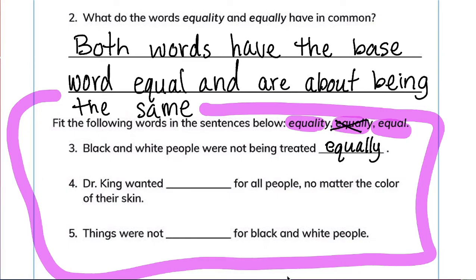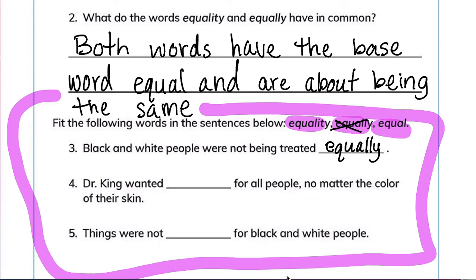I'm going to cross that off because I think we can only use each one once. Number 4, Dr. King wanted blank for all people, no matter the color of their skin. Dr. King wanted equality for all people, no matter the color of their skin, or Dr. King wanted equal for all people, or maybe equally fits better. Dr. King wanted equally for all people.